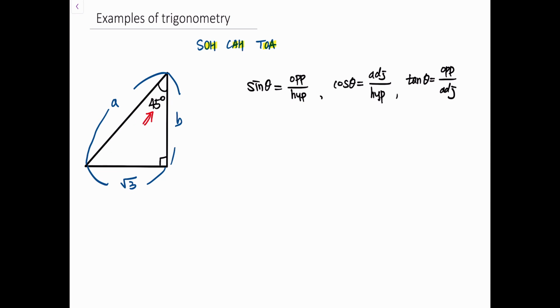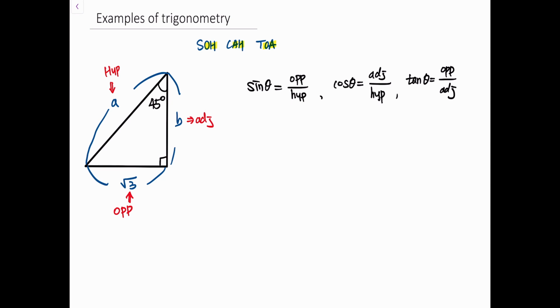The longest side, A, is the hypotenuse, and we have two sides next to the angle that we have. However, A is the longest side, which we already picked as the hypotenuse, so B is the adjacent side. Rad 3 is the opposite side of the angle here, and we can write it as opposite here.